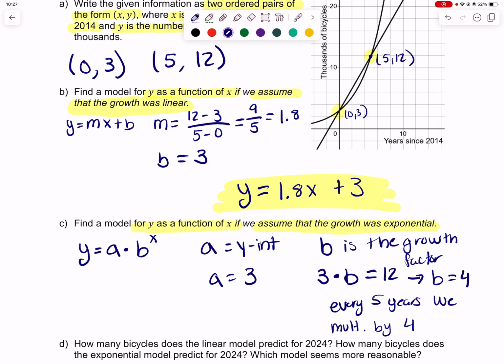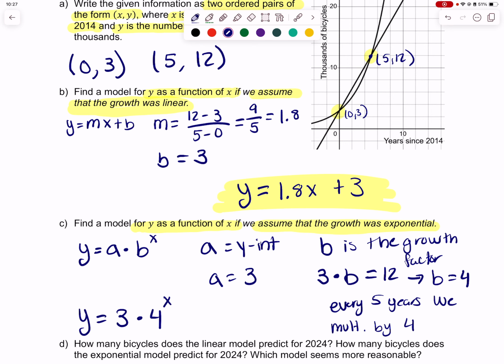So now, to go about writing our exponential model for this, we're going to have the equation y equal to 3 times 4 to the x, but I'm not done yet because how this looks right now, this would mean that we multiply by 4 every single year that goes by.